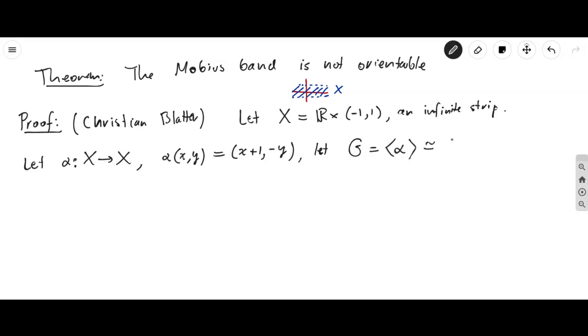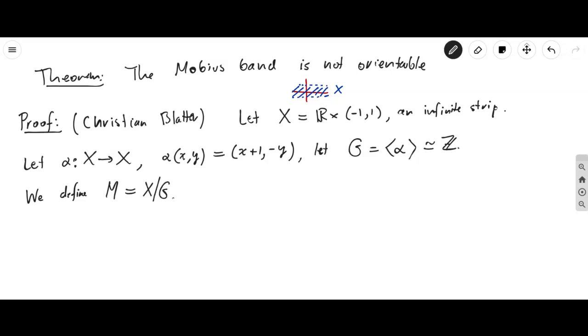So this will be, as a group, isomorphic to the group of integers. So we define the Mobius band, let's call it M, as the quotient X mod G.